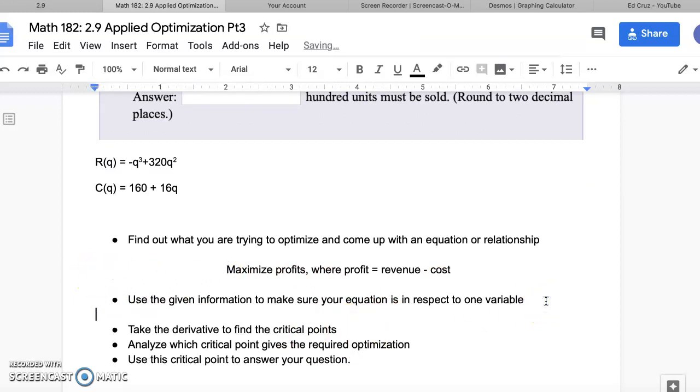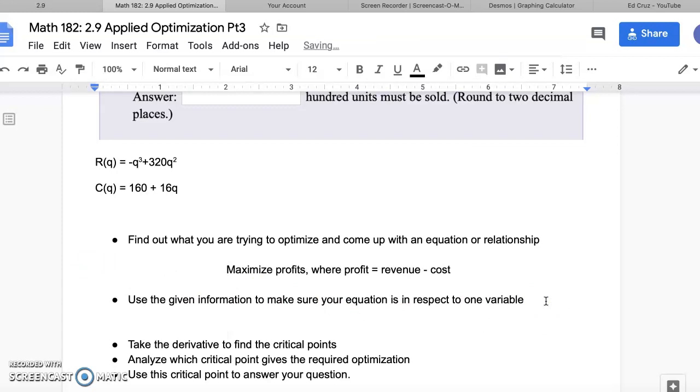So going back to our problem, our profit function, we should use the Q for quantity, is going to be the revenue minus the cost. And so those are given here.